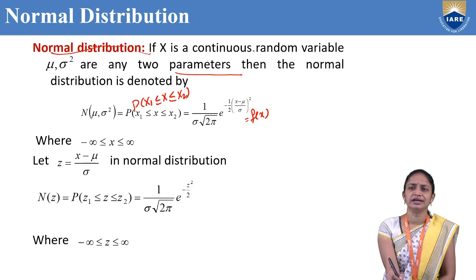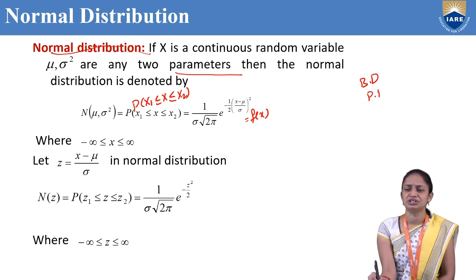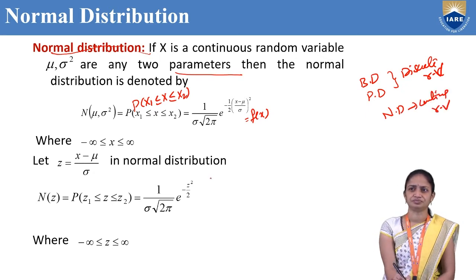Here capital X is a continuous random variable, but binomial and Poisson distributions are discrete random variables, while the normal distribution is a continuous random variable.